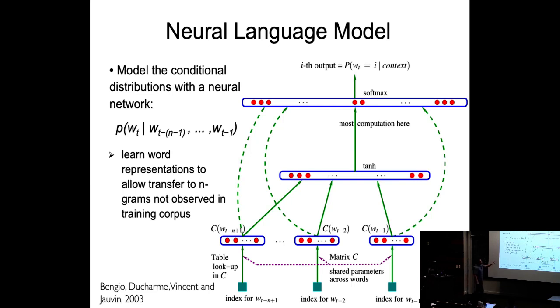So one of the interesting things about this model is that you're basically learning representations that can generalize to previously unseen context, right? So if you look at standard language models that were very popular, the N-gram language model. What is the N-gram language model? Bigrams are very, very popular.